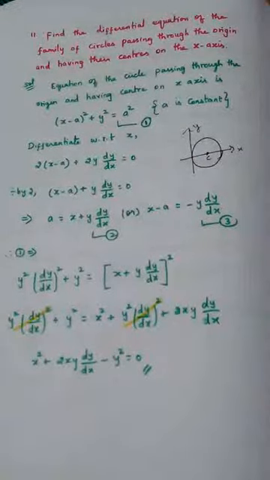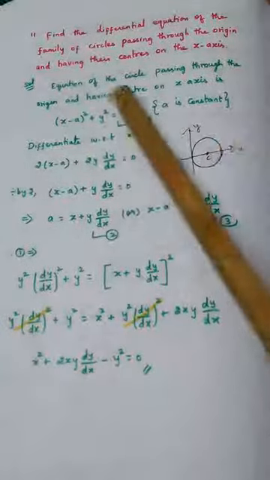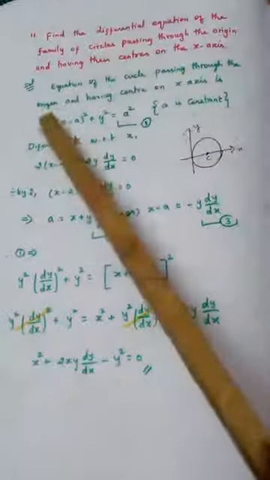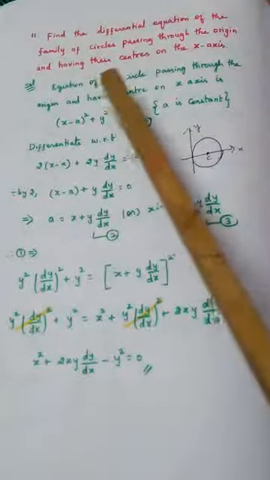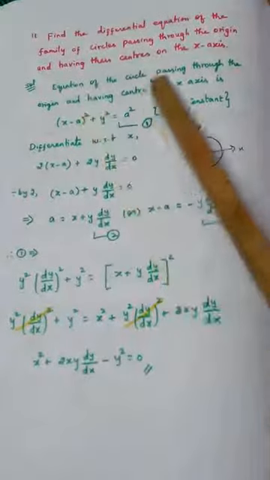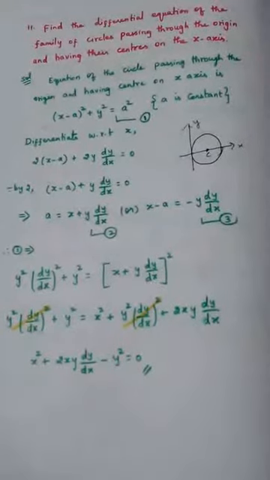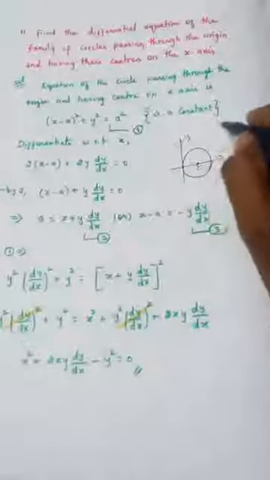Now I'm going to write the equation of this kind of circle. The equation of a circle passing through the origin and having its center on the x-axis is given by (x minus a) whole square plus y square is equal to a square. If you observe the diagram deeply, you can understand the equation.